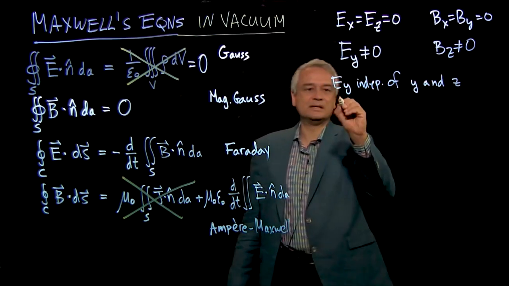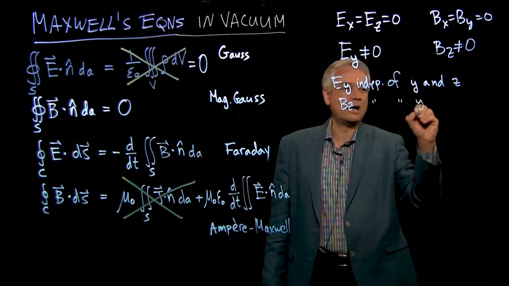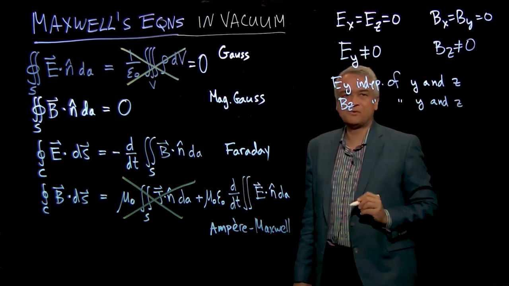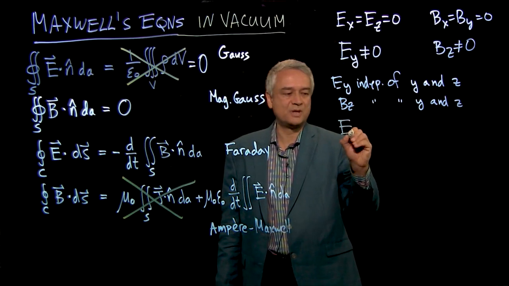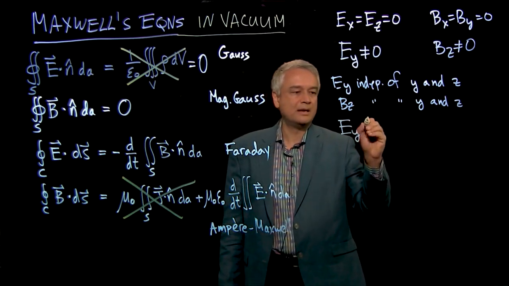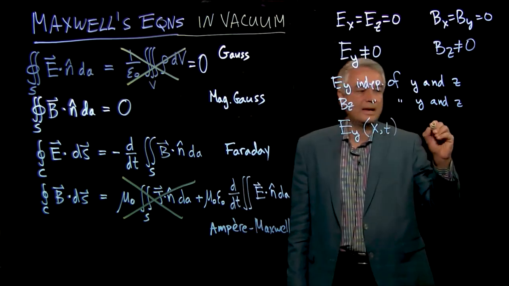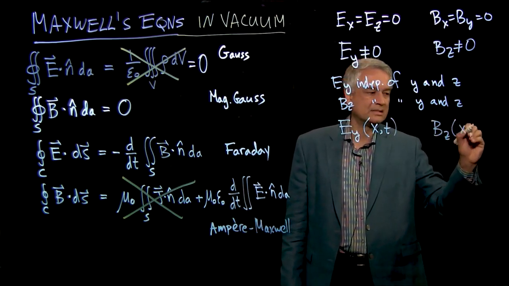And same for Bz. Bz is independent of y and z. So we're going to be looking for solutions to these equations in which the things which are non-zero are Ey, and Ey is going to depend on x and time, and Bz. And Bz is going to depend on x and time.